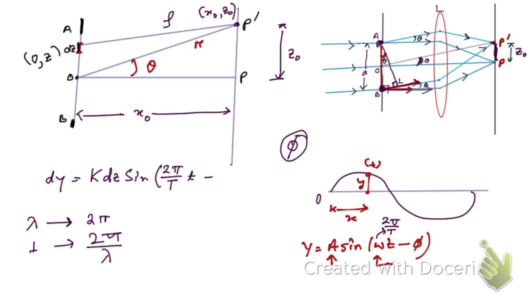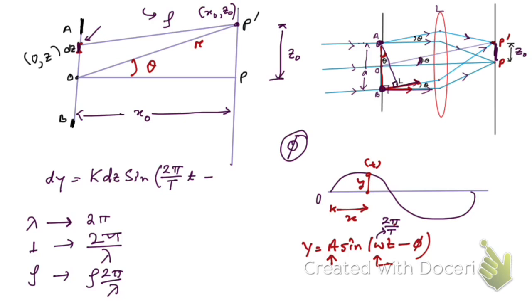And if we have a distance rho, here you can see, then the phase difference between the point at this coordinate 0 comma z and at this point p, for distance rho, will be given by rho into 2 pi by lambda. Hope you have understood this.